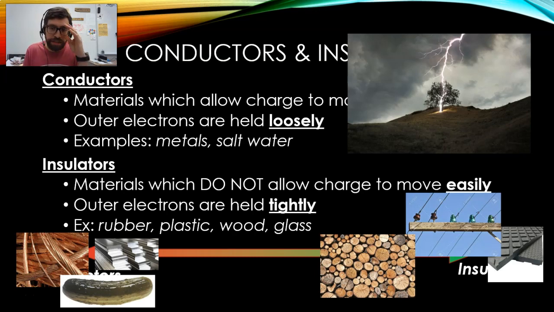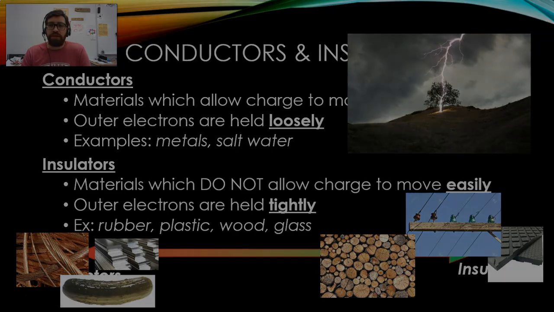But the point is, even these on this side, by calling them insulators, it doesn't mean that it's absolutely impossible for electricity to flow through them. It's really difficult, but under certain circumstances, it can happen. But there's a gradation, there's a spectrum in between these two, and some materials just kind of fall right in the middle between conductors and insulators. So you need to know what those are, and you need to know examples of them.